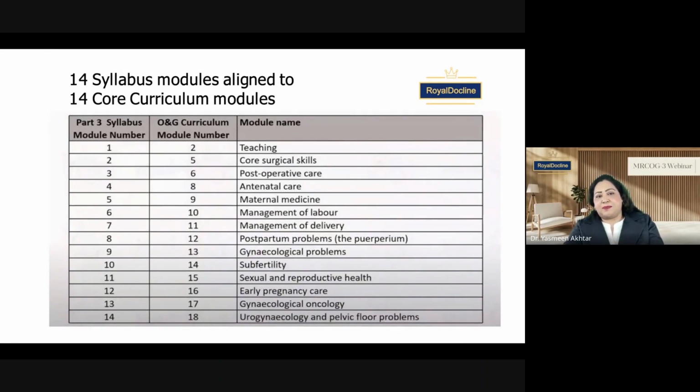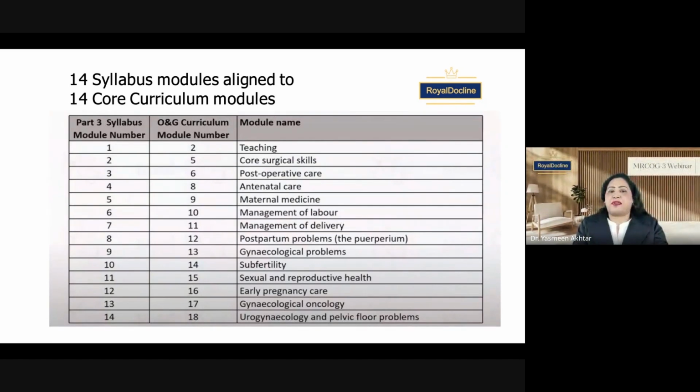Here is the syllabus. These are the syllabus modules. So we have gone through what the tasks are, and now we will see what the 14 syllabus modules are, and how the part 3 syllabus modules go with the OBGYN curriculum modules.